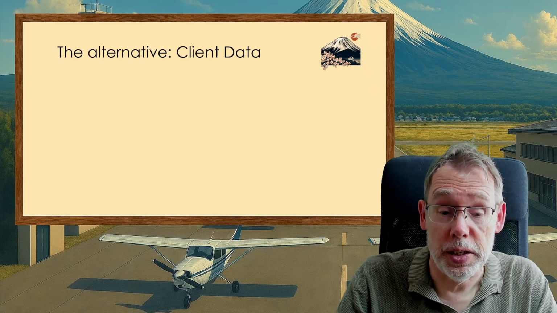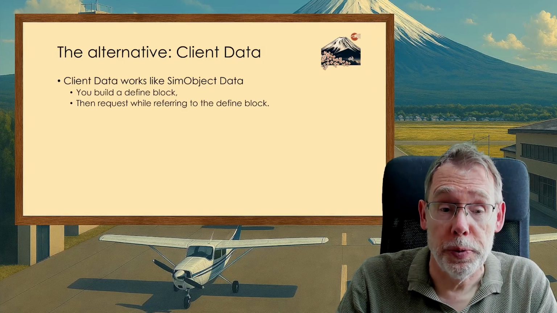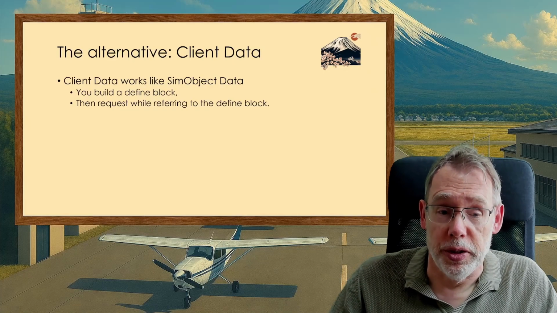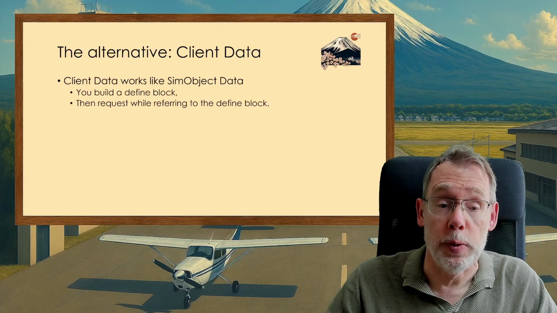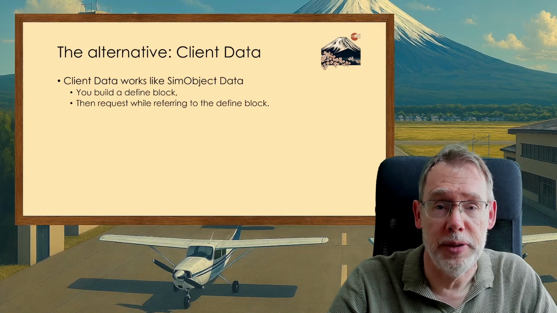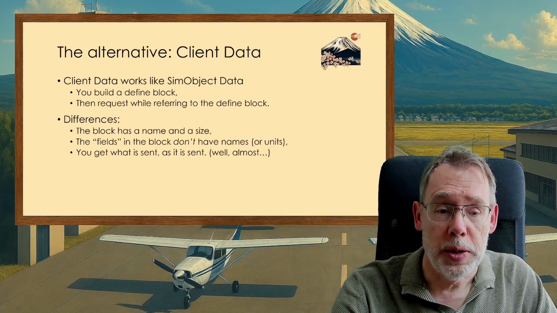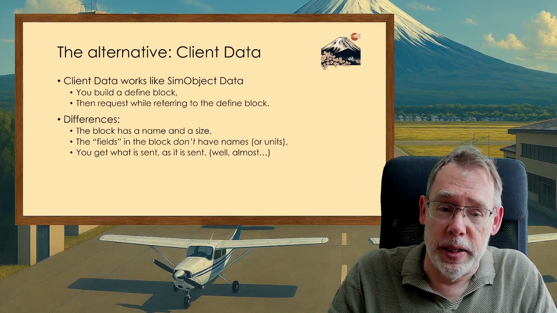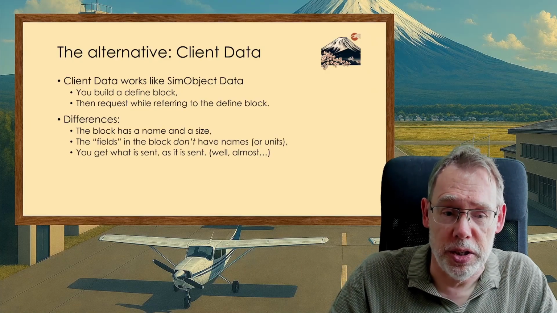Now, ClientData actually works mostly like we already saw with SimObject data. You build a define block, and then you request while referring to the define block. But there is one big difference. Now the block is the one that has a name and a fixed size.